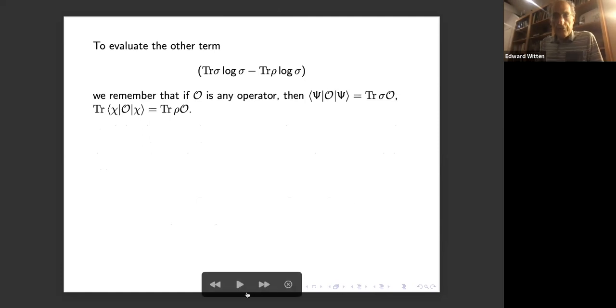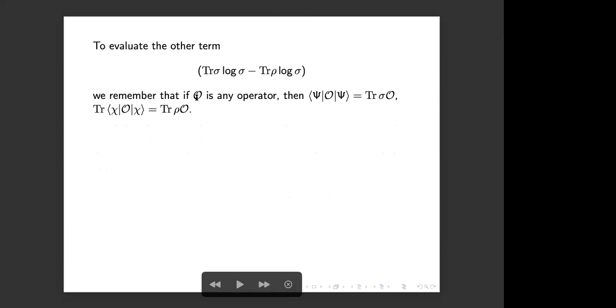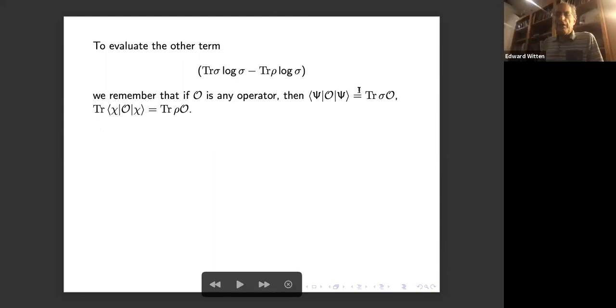Now let's discuss the other term, which is trace sigma log sigma minus trace rho log sigma. Now we remember that if O is any operator in the Rindler wedge, then its expectation value in the vacuum is the same as the trace of sigma times O, where sigma is the density matrix of the vacuum in the Rindler wedge.